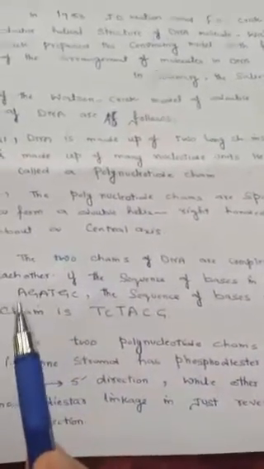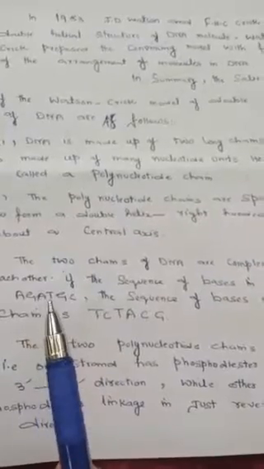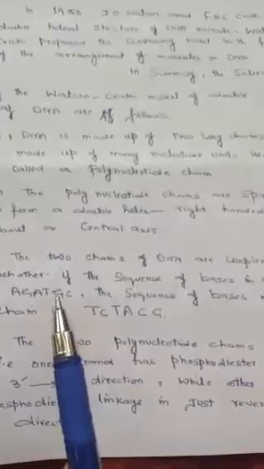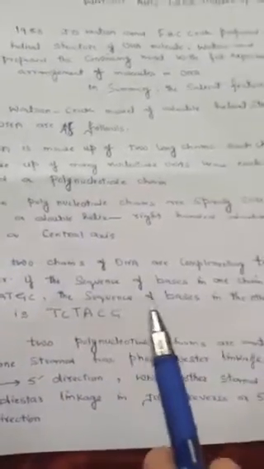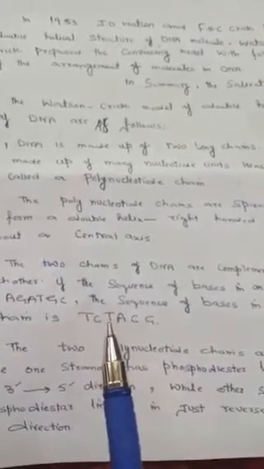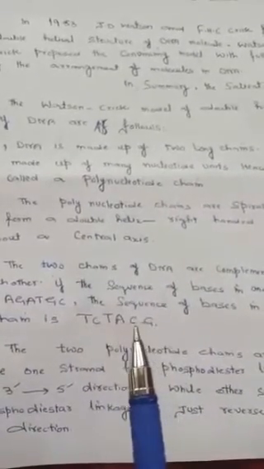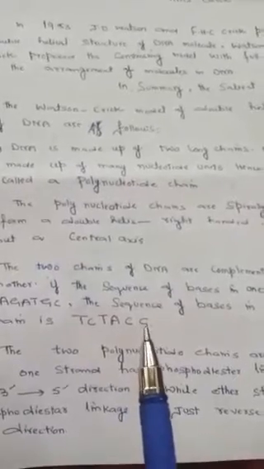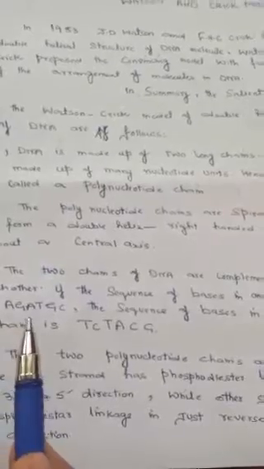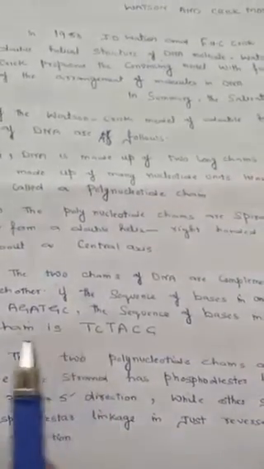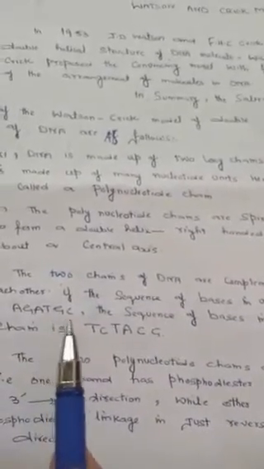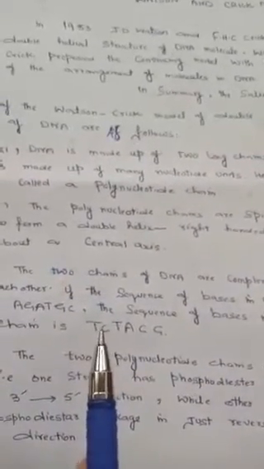Means if there is adenine, guanine, adenine, thymine, guanine, cytosine in one chain, so the sequence of bases in other chain is thymine, cytosine, thymine, adenine, cytosine, guanine. Because A always forms hydrogen bonds with T, thymine, G with C, cytosine.